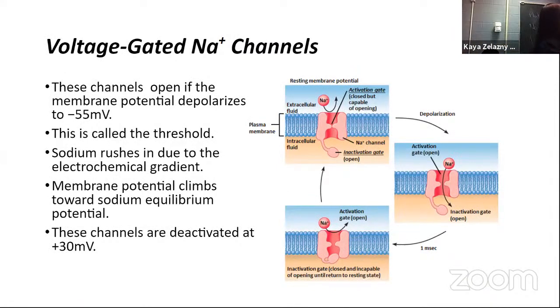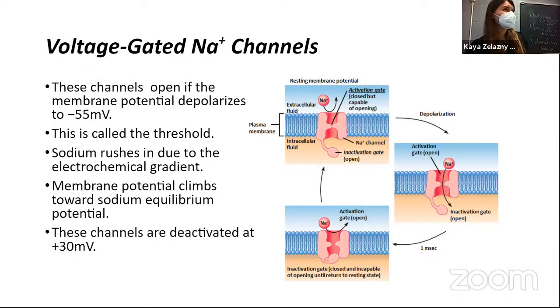We're going to take a look first specifically at the voltage-gated sodium channels, because this is really the main thing we have for sodium. That membrane isn't significantly permeable to sodium at rest. We don't have hardly any sodium leak channels, which is why we're really near our potassium equilibrium potential.